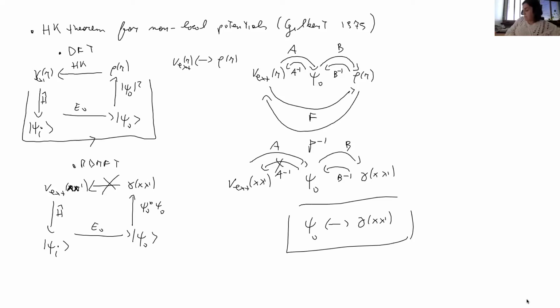Okay, in the demonstration it's simple to see that it does not demonstrate that it's not invertible. It's just that they didn't manage to demonstrate that it's invertible. But it was shown by some examples, I don't remember whose, that in fact you can have more than one potential that gives your density matrix.